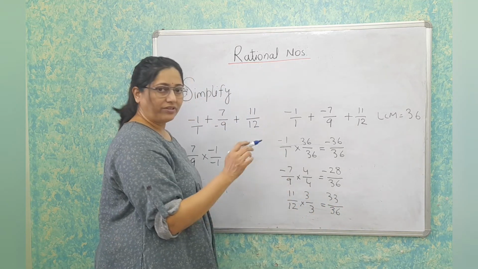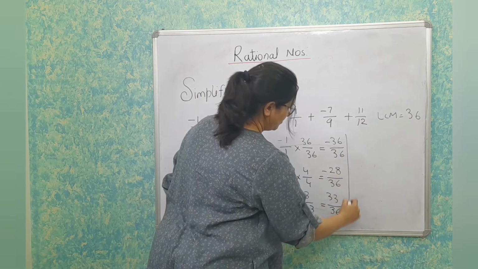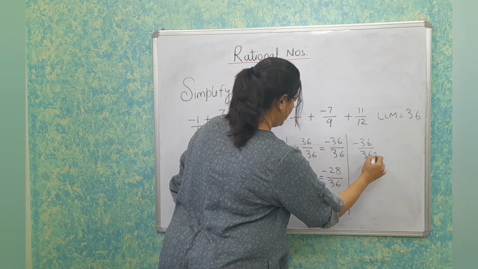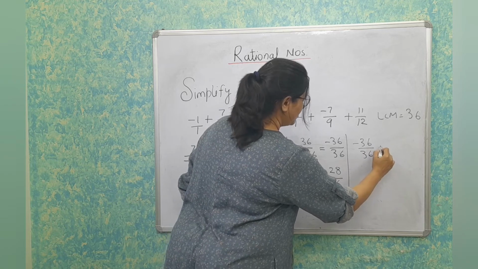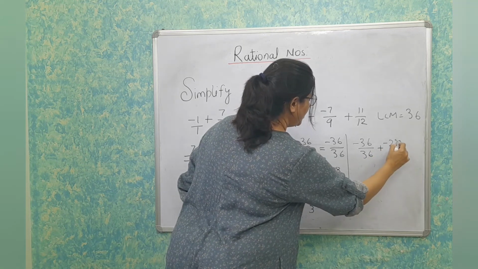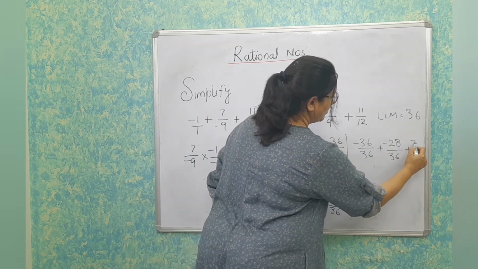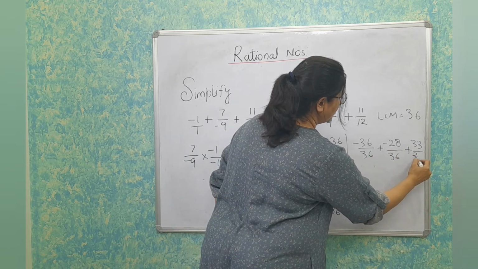Now I have three numbers: minus 36 upon 36, second, minus 28 upon 36, and the third one, 33 upon 36.